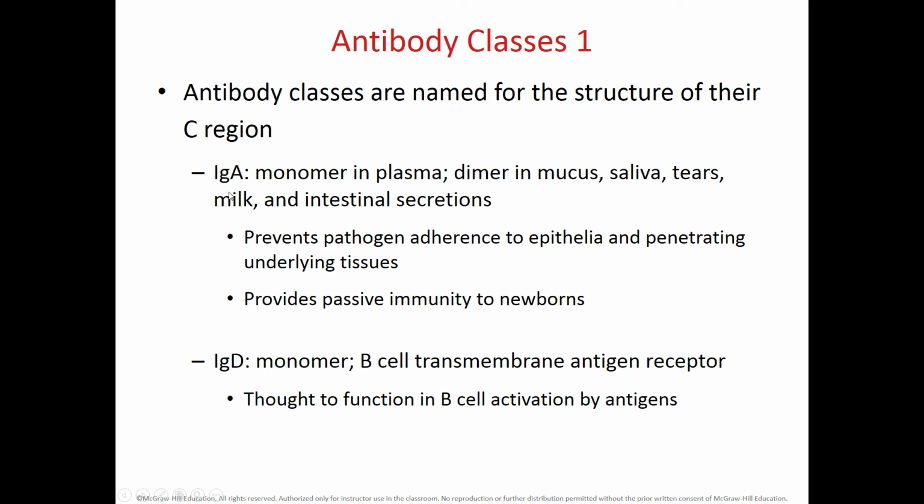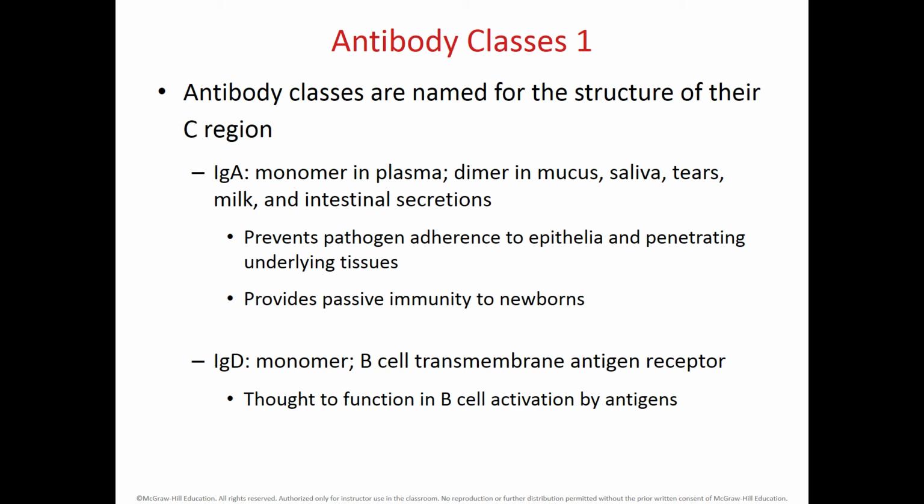This IgA will prevent the contact of pathogens in the mucosas and prevents these pathogens from penetrating these mucosas. They help to provide passive immunity to newborns if the baby was breastfed.